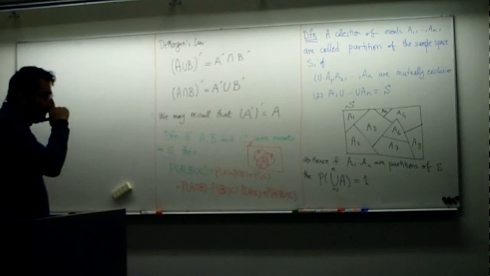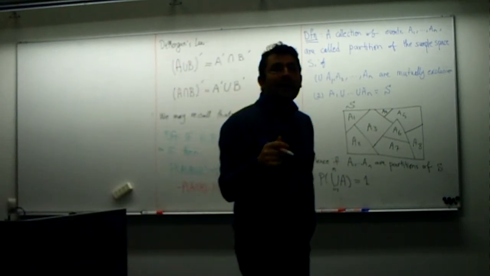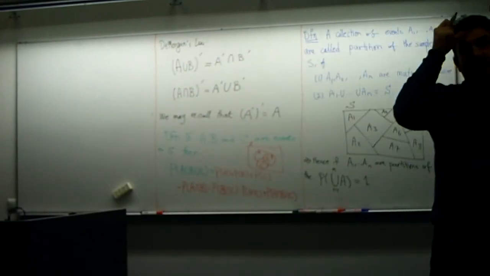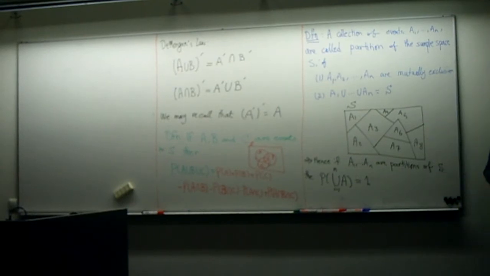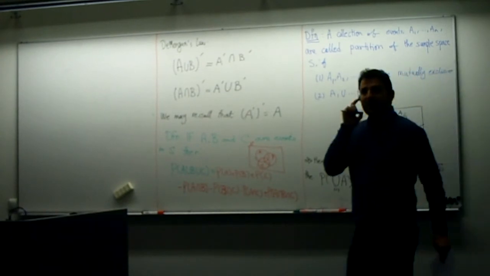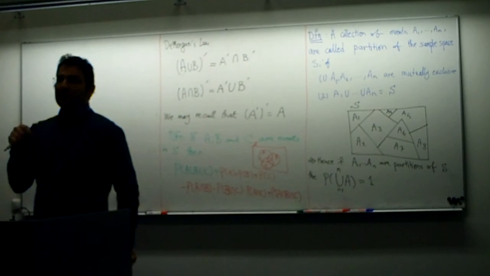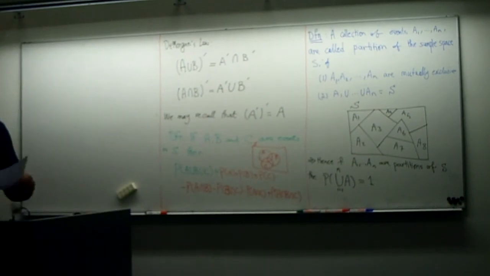Now, finding a partition is sometimes very useful, but can you please tell me how I can easily divide my sample space into partitions? What is the first trivial solution that comes into your mind?